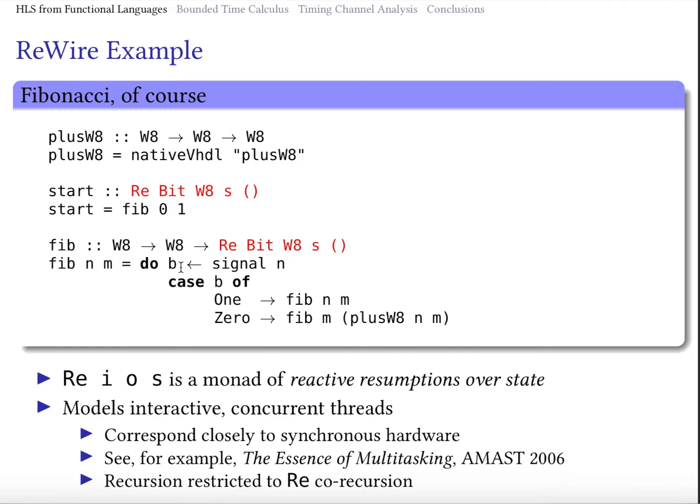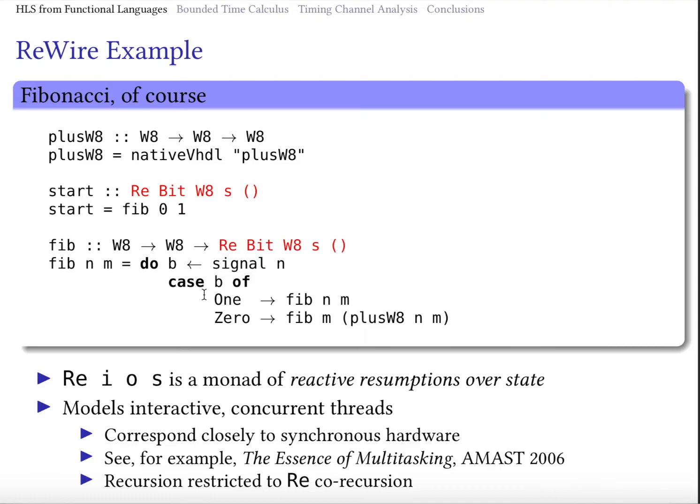I take interactive input b, and if that bit is set to 1, I don't do anything. I stay in the same state. If it's set to 0, I do the next in the Fibonacci sequence. And this chunk of code will generate a little circuit that does this kind of bounded Fibonacci.